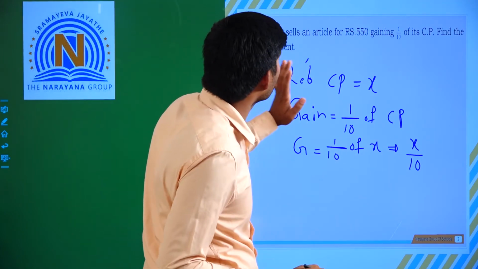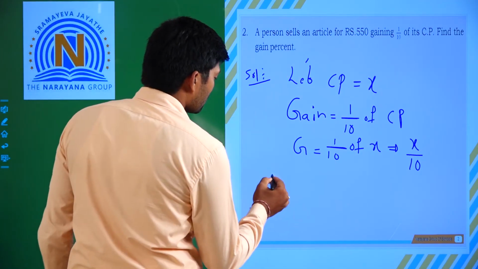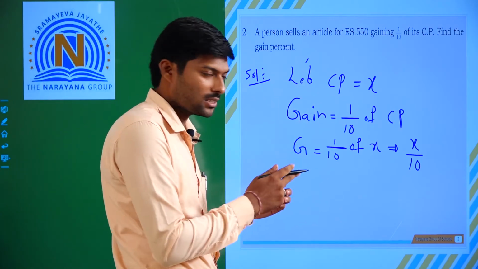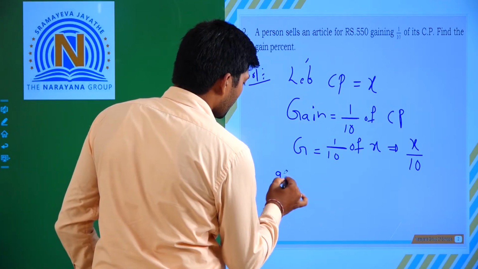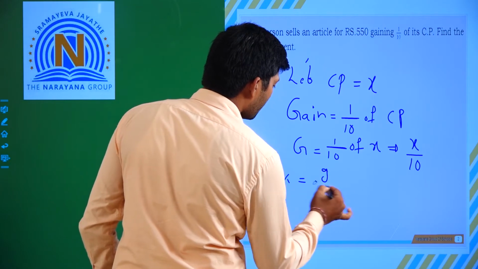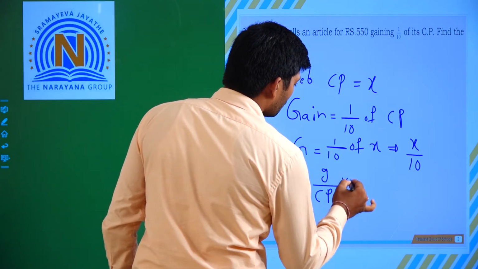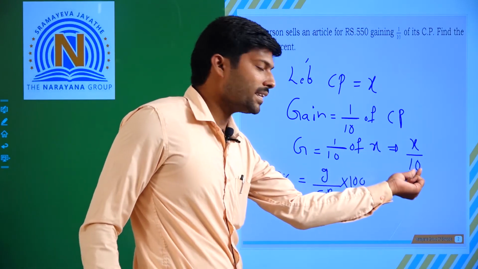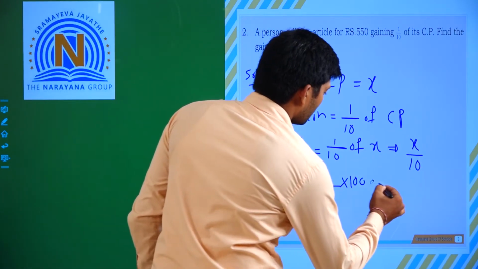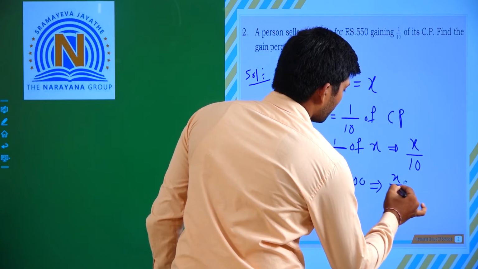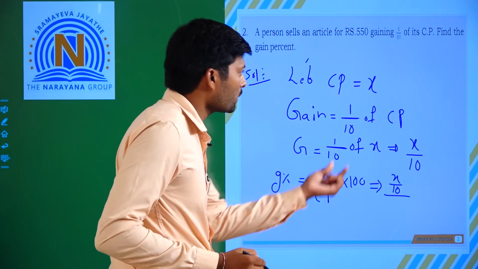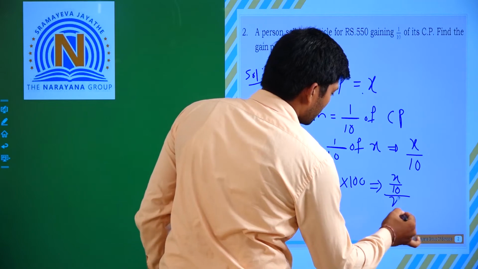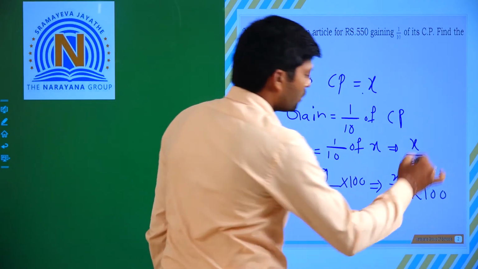Now we need to find the gain percentage. If you know the gain as well as the cost price, the gain percentage is equal to gain upon cost price into 100. The gain is x by 10, and the cost price is x, into 100.